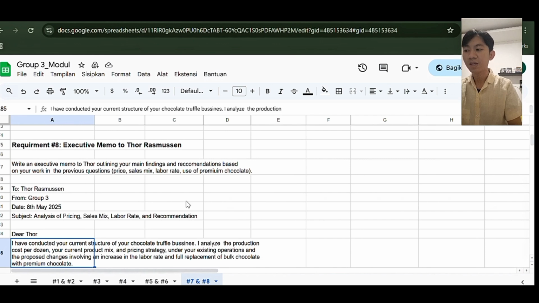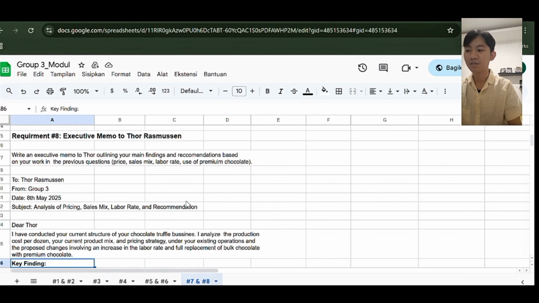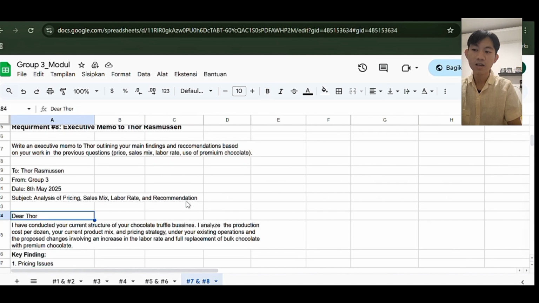Dear Tor, I have conducted a review of the current structure of your chocolate travel business. I analyzed the production cost per dozen, your current product mix, and pricing strategy under your existing operation and the proposed change involving an increase in the labor rate and full replacement of bulk chocolate with premium chocolate.